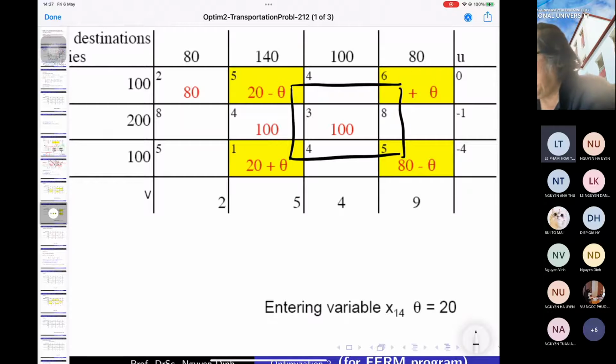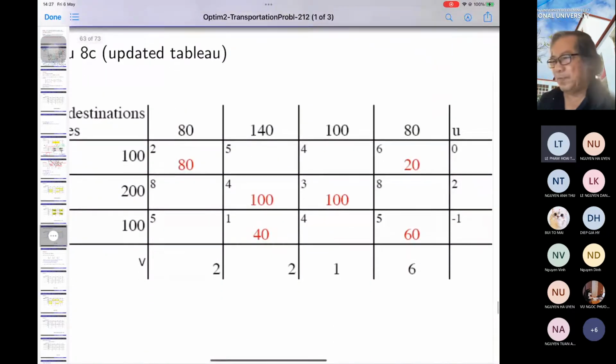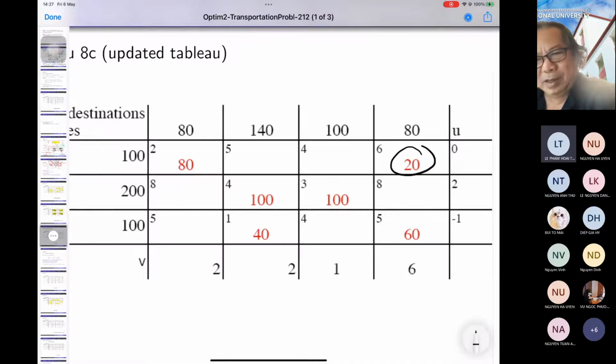With the plus sign and minus sign, you calculate that it's 20, 20, 20. And now this becomes 0, this becomes 20, this becomes 60, and this becomes 40. And you have the new feasible solution here.